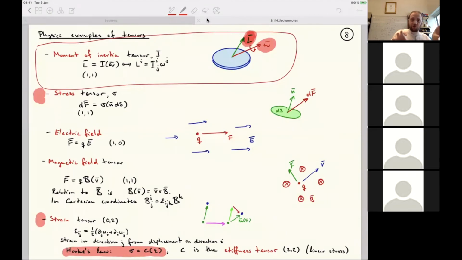Since they are both rank 2 tensors, the relationship between them is a rank 4 tensor used in strength of materials.